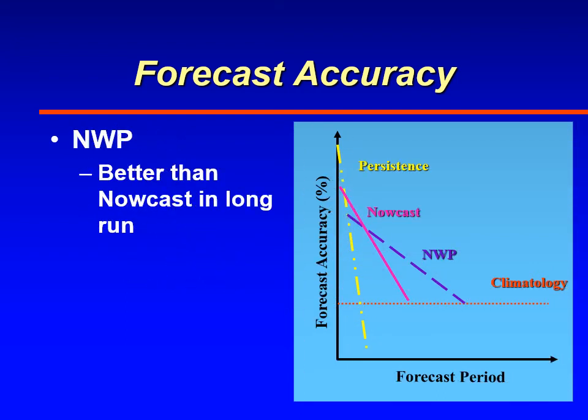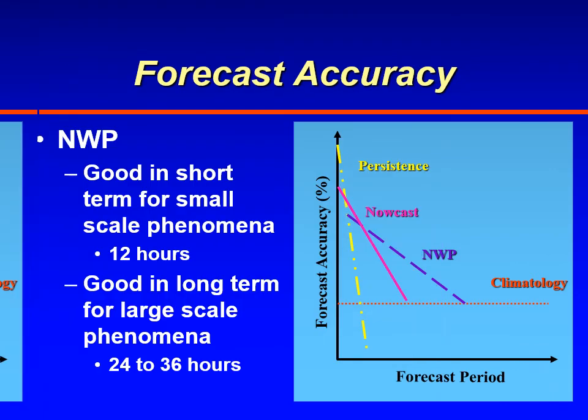As you can see in this slide, numerical weather prediction is actually better in the long run than nowcasting. For small-scale weather phenomena, numerical weather prediction does a pretty good job of forecasting in the really short term. But if you go out to later forecast periods, out into the future, 24 or 36 hours, it's not going to pick up those really small-scale phenomena like a small thunderstorm.